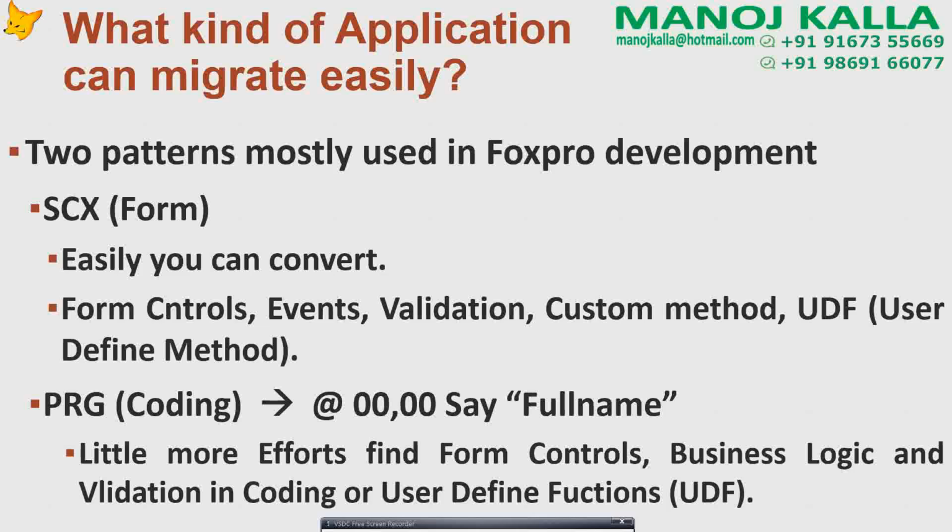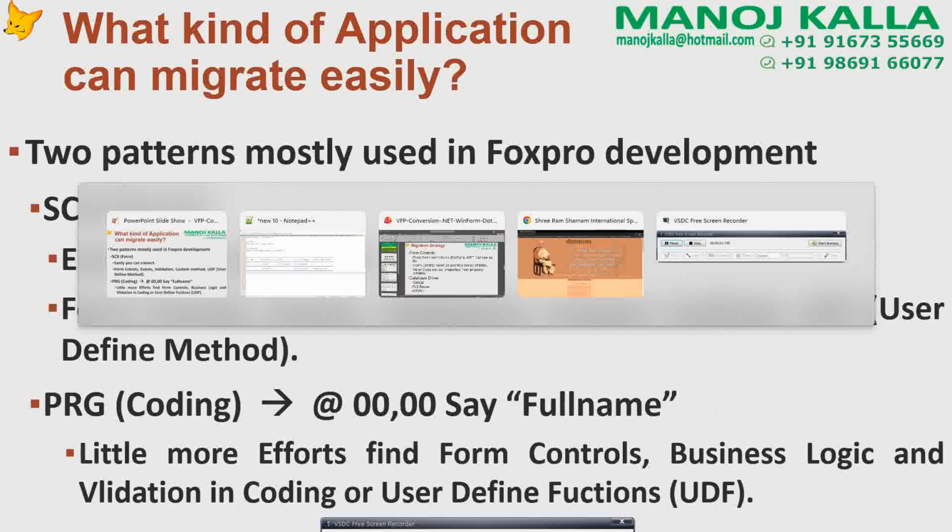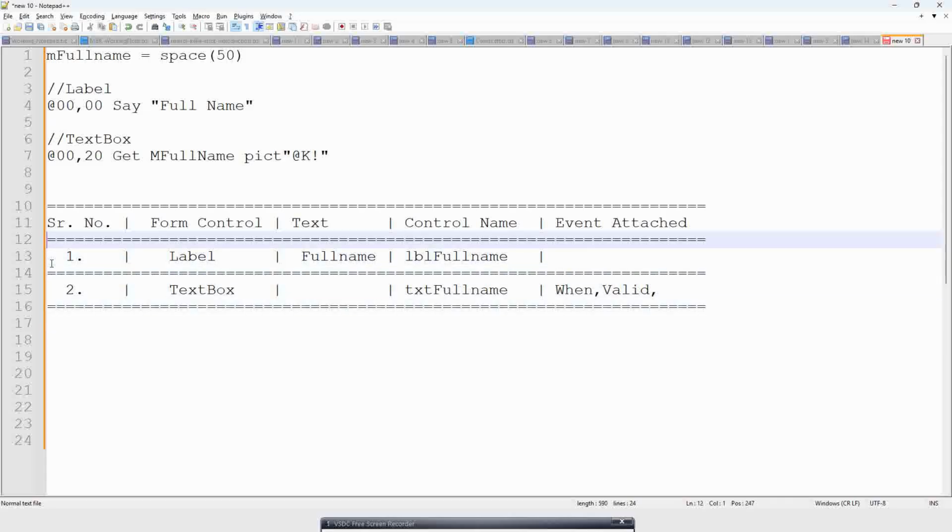If you are converting your own application or any corporate application, my suggestion is that you always create this kind of documentation. Say the serial number, form control, what kind of control you saw in @0,0 or on a canvas, and the caption, which is the label, like "Enter your full name" or only "Full name".